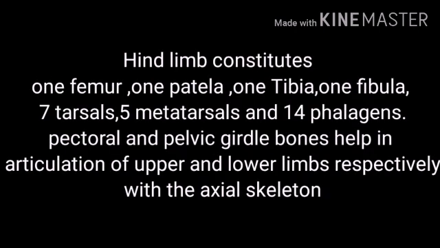The hind limb constitutes 1 femur, 1 patella, 1 tibia, 1 fibula, 7 tarsals, 5 metatarsals and 14 phalanges. Pectoral and pelvic girdle bones help in articulation of upper and lower limbs respectively with the axial skeleton.